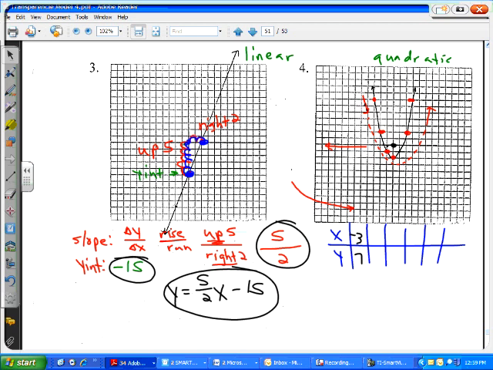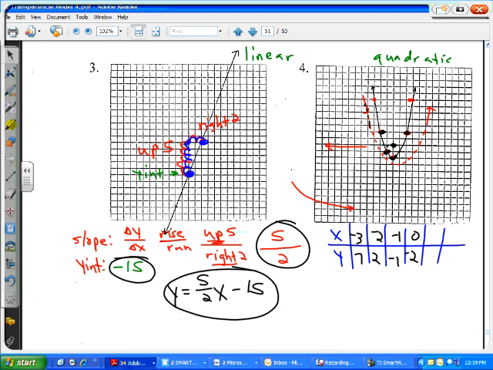The next point as we go around is to the left 2, up 2. The next point is left 1, down 1. The next point is right 0 and down 2, which is our vertex.